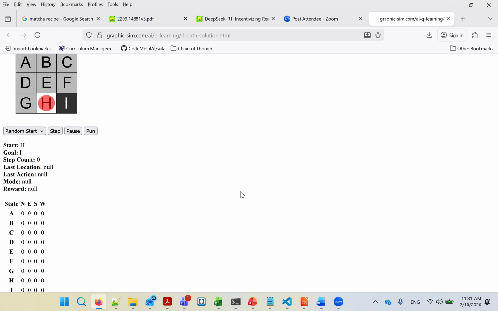Here are the states, A through I. See them up there? Here are the actions, north, east, south, west. That should make sense. For each one of these, this is the expected long-term reward. If I'm in state D and I go south, it says the expected long-term reward is 0. Good, you see how to read it.